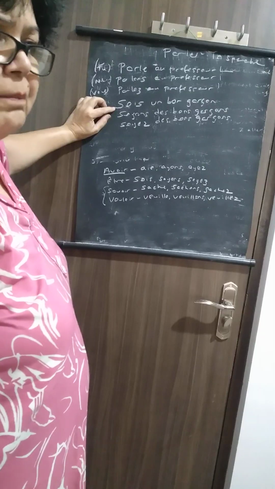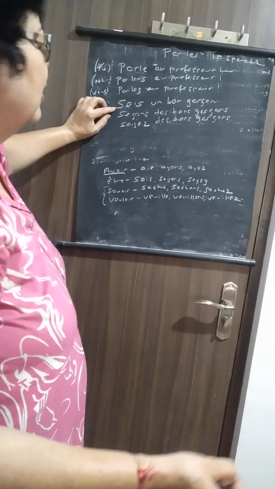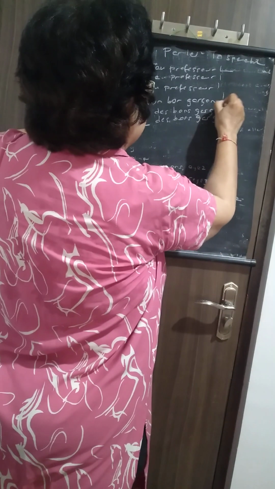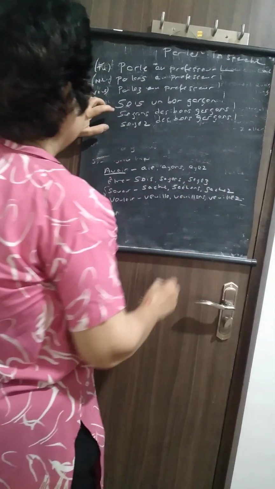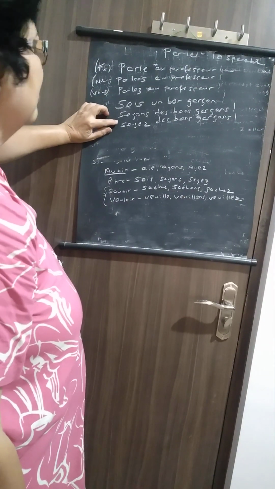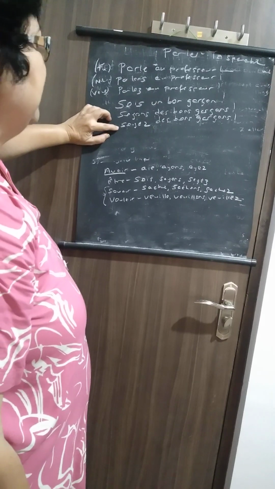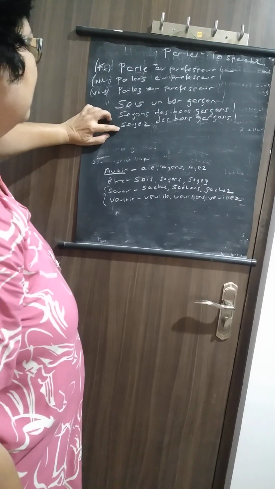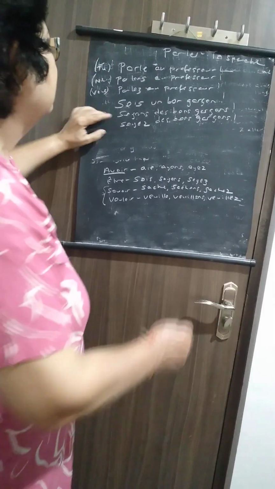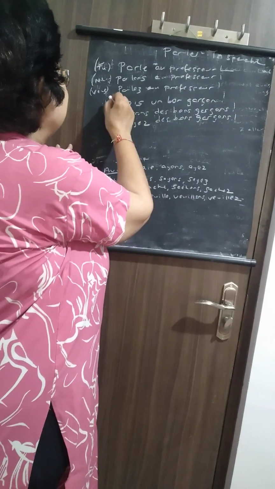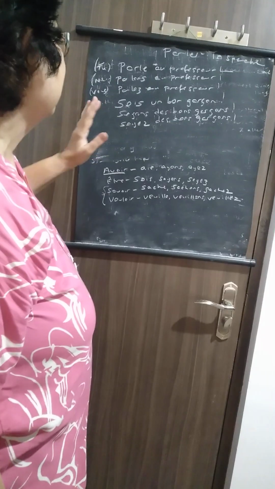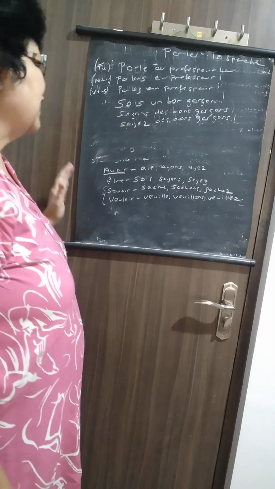Be a good boy. It's an order. Exclamation mark. At the end of a sentence everywhere it's an exclamation mark. Soyons des bons garçons. Let us be good boys. Soyez des bons garçons. Be good boys. It is the plural form. So this is the être imperative mode. This is how you form it.